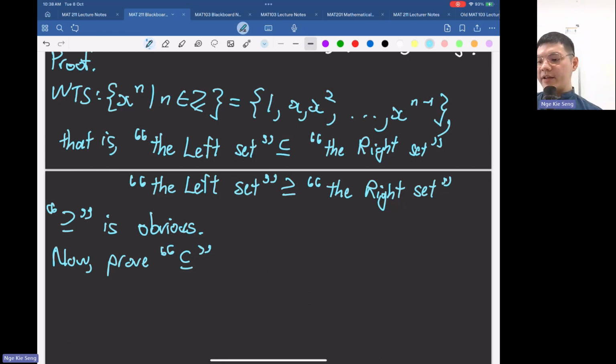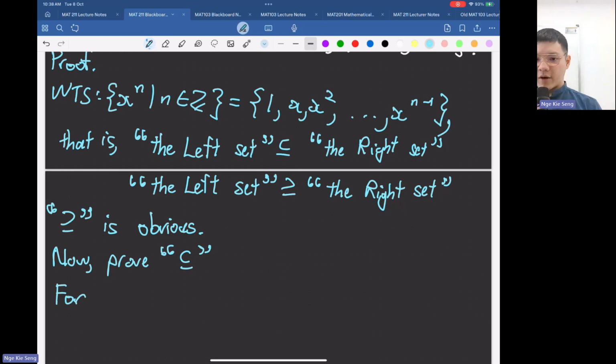So how many things do we need to settle? We need to settle all the negative powers. We also need to settle all the powers greater than or equal to n. For the middle ones, they are already on the right-hand side, so we only need to settle those. So two cases.